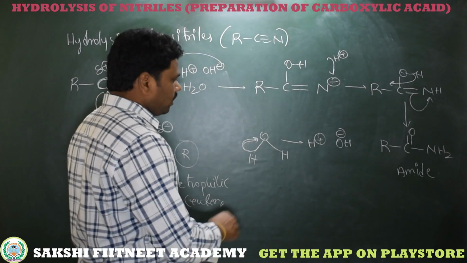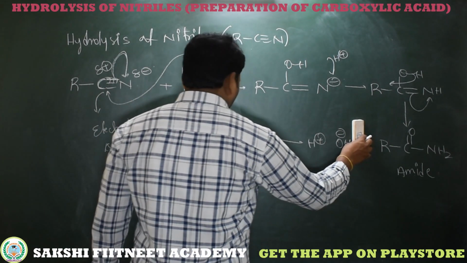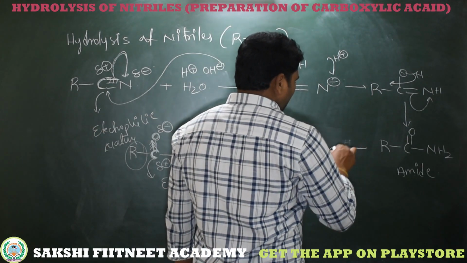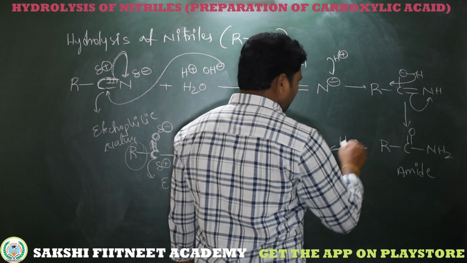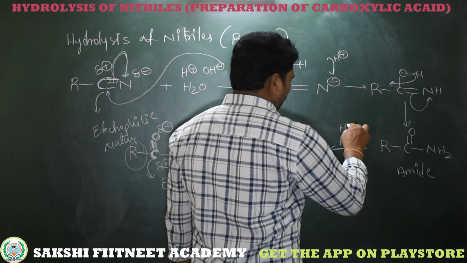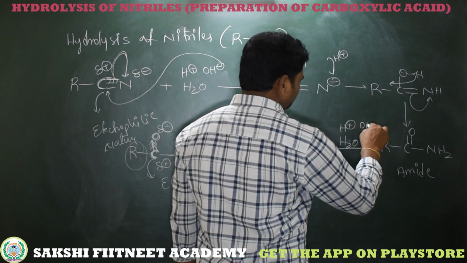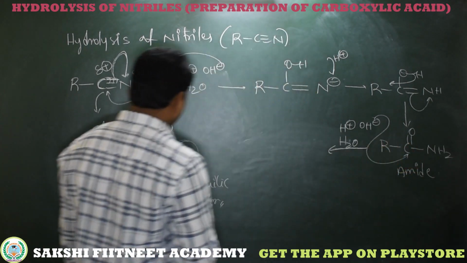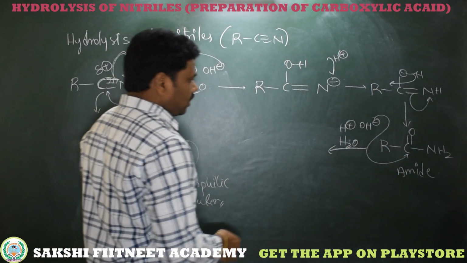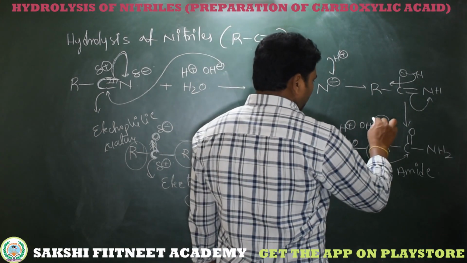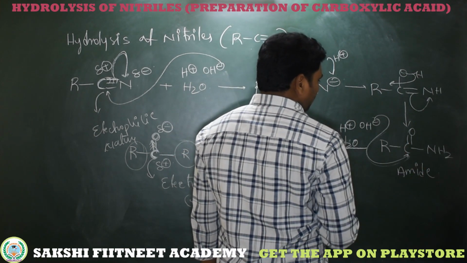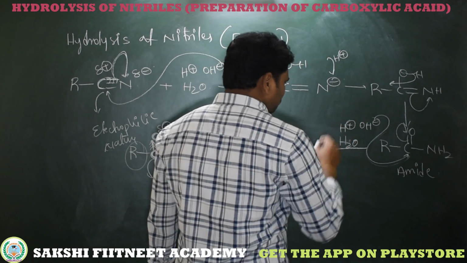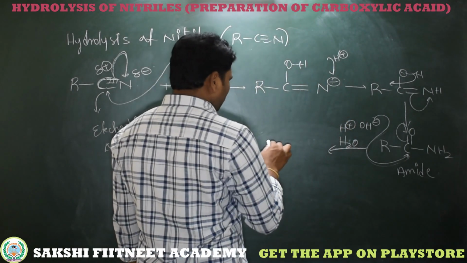When we take 1 more mole of water molecule, that is on complete hydrolysis, H2O decomposes into H plus and OH minus. We just discussed that this carbonyl carbon is an electrophilic carbon, so this nucleophile attacks it, and the loosely bonded electrons shift towards oxygen because of its higher electronegativity.